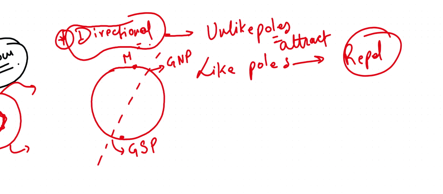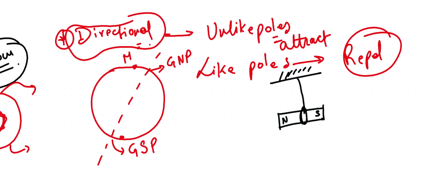Now we'll take the example of a compass also, but for now let us do something that is very familiar, that we all have done. Let us take a bar magnet, North Pole, South Pole. Let us take a fixed support and hang this bar magnet from the middle. What it does is it basically suspends freely like this.